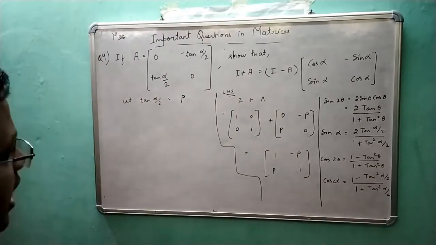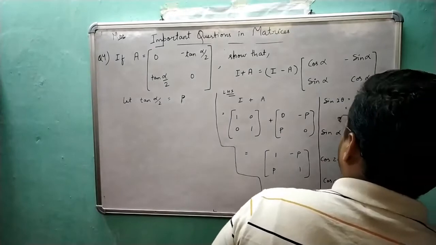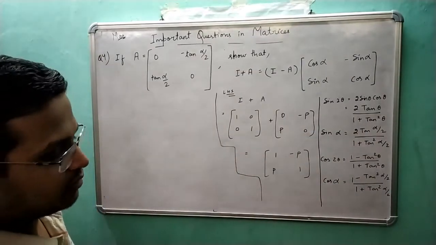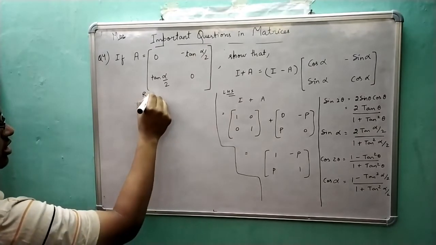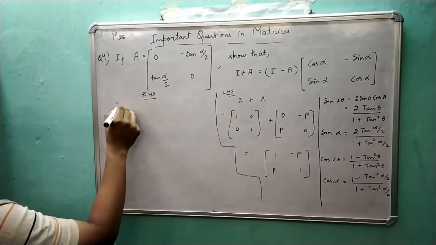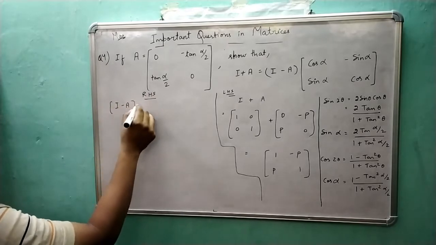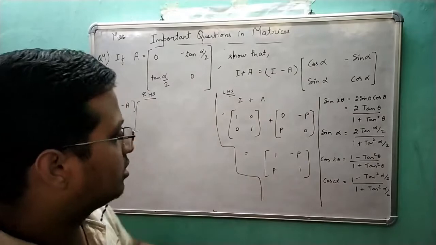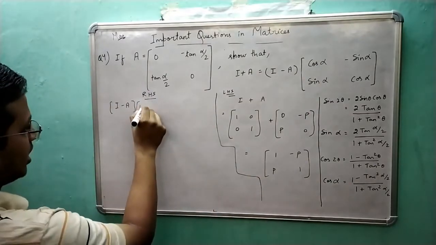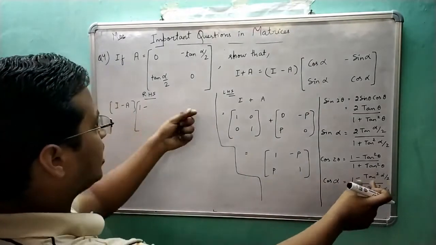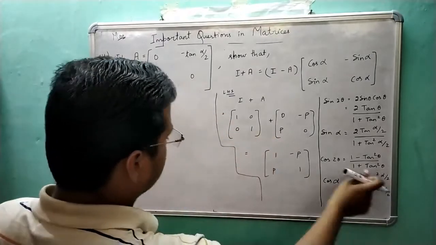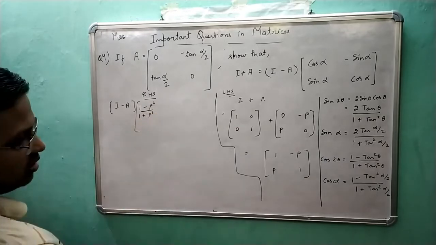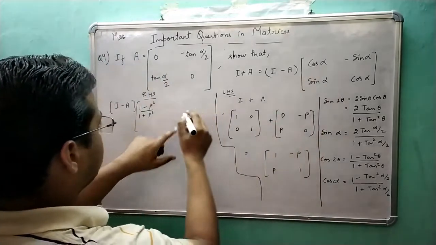Now let us solve RHS. RHS is I minus A into, see there is cos alpha, so let's use that formula here. Cos alpha is 1 minus p square by 1 plus p square, since tan alpha by 2 is p, minus sin alpha.